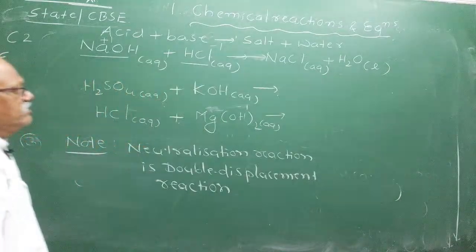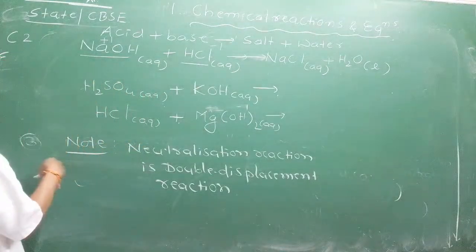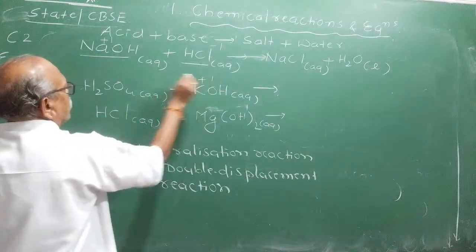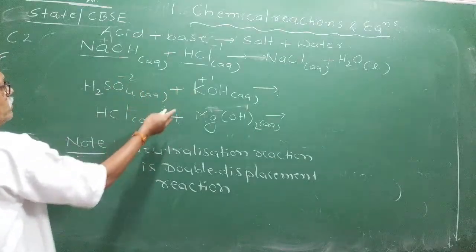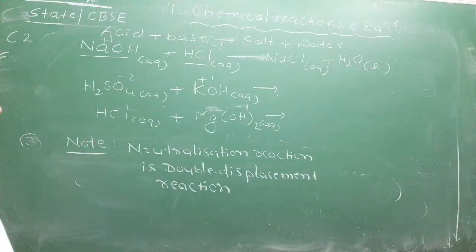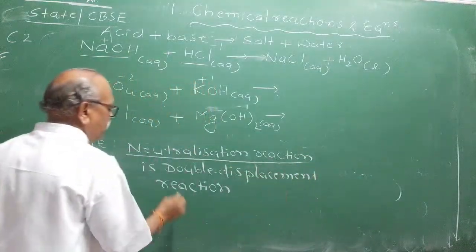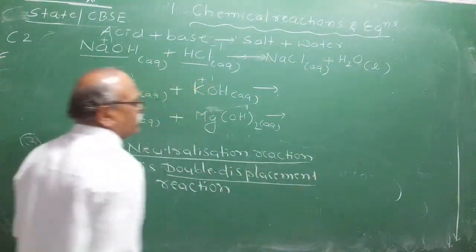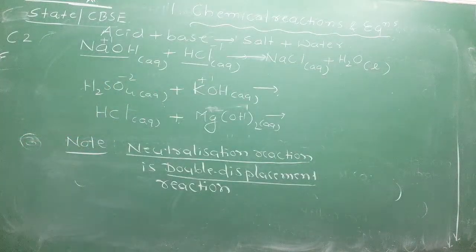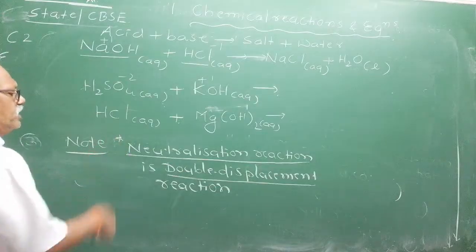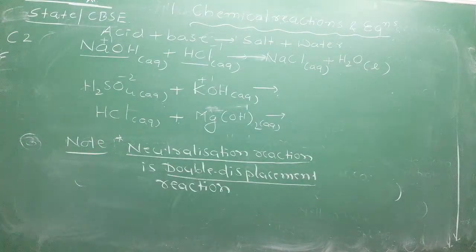Therefore, in all these reactions, here also K plus 1 and sulfate minus 2 ions are exchanged. Therefore, remember, neutralization reaction is a double displacement reaction. Some multiple choice question may be asked, I will show you later.